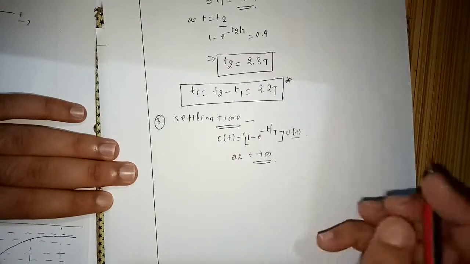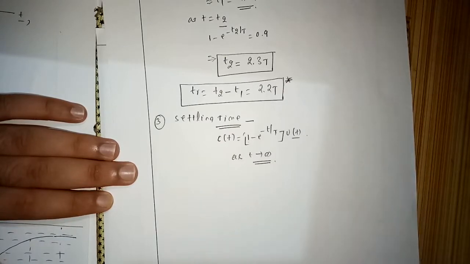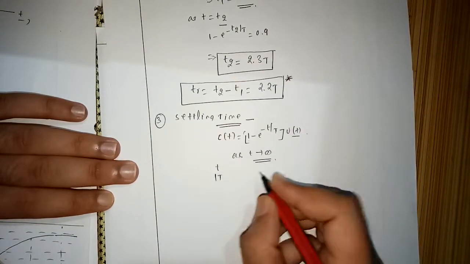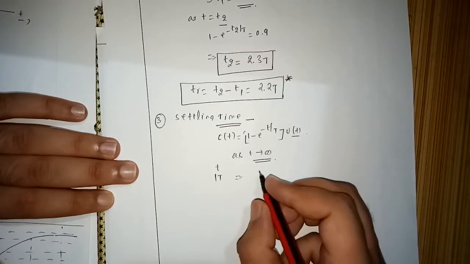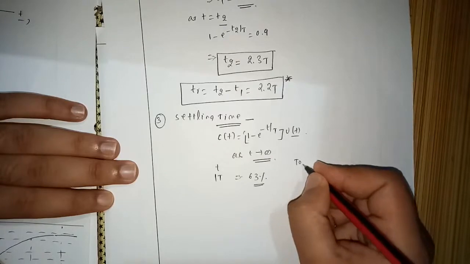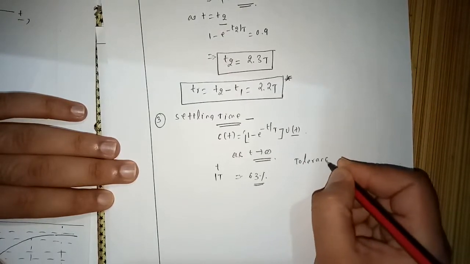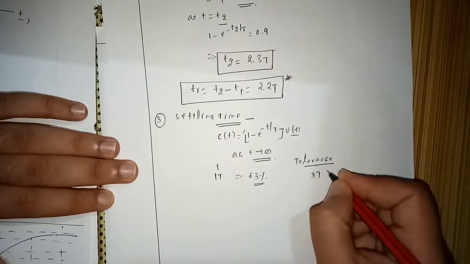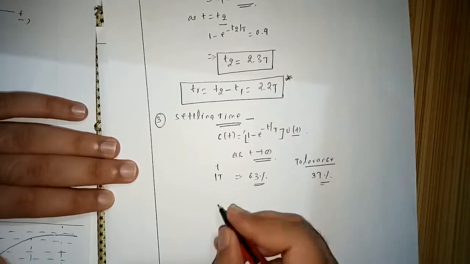So if I take t equal to 1 time constant, the output will reach 63%. So the tolerance between output and input will be 37%, which is very huge.